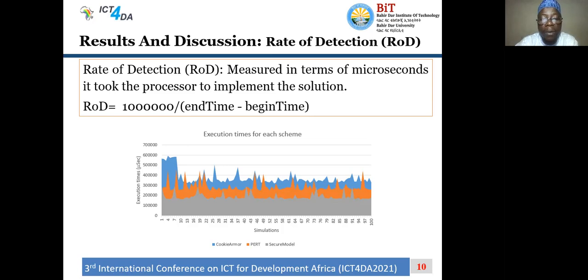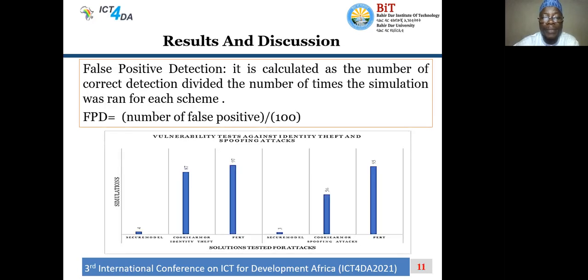Kukiyama is slower than all other solutions because it involves deep packet sniffing, whereby it sniffs every packet that it receives to get the parameter that is needed for its security solution.